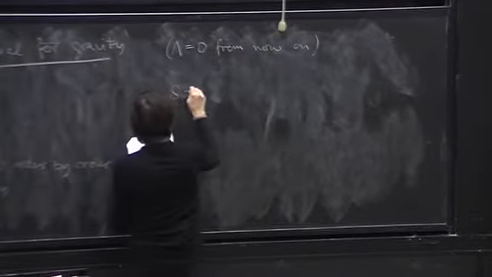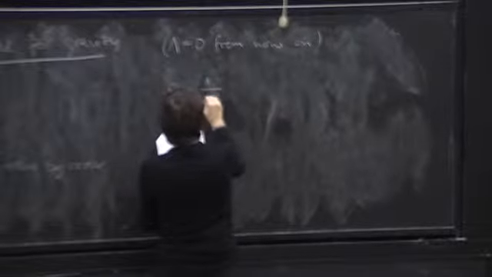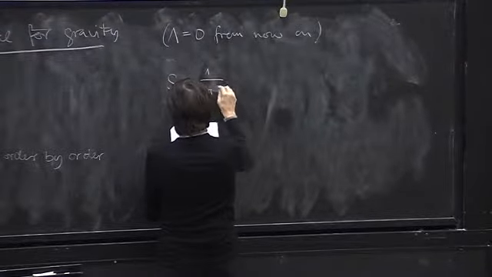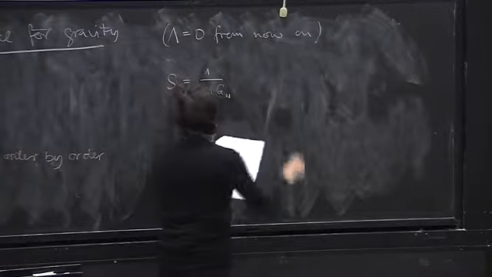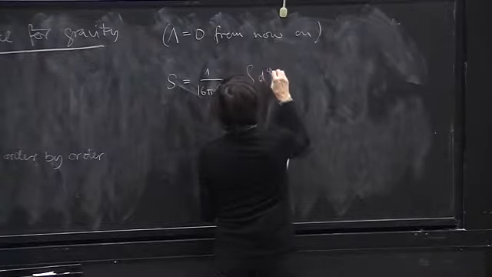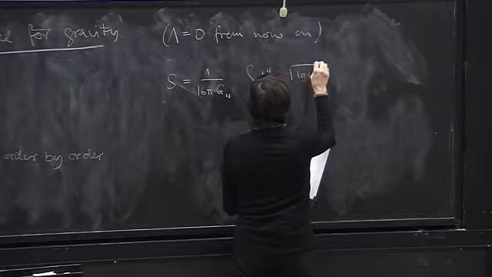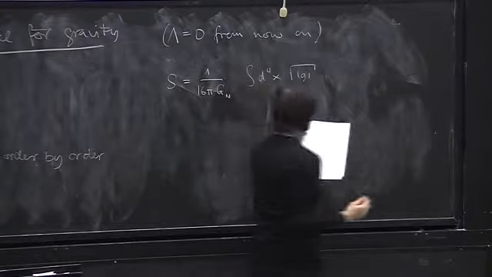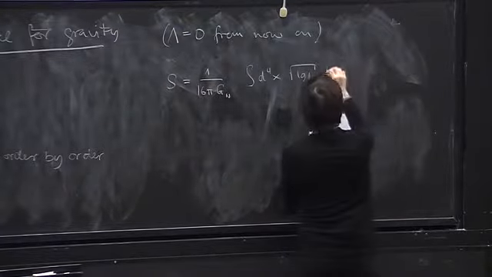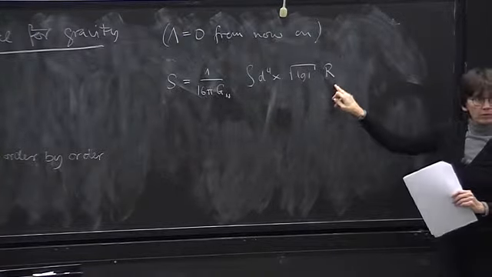Now, what does the action explicitly become in this case? It's S equal to 1 over 16 pi G Newton, 4-dimensional integral, square root of the absolute value of the determinant of g mu nu times the Ricci scalar.